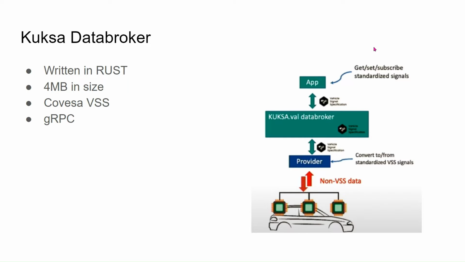The reason gRPC plays a critical role over here is that gRPC communicates using protofiles. They have provided the protofiles, so you don't need a specific library for using the Databroker.